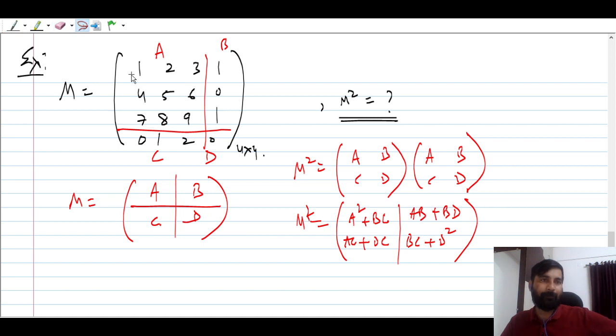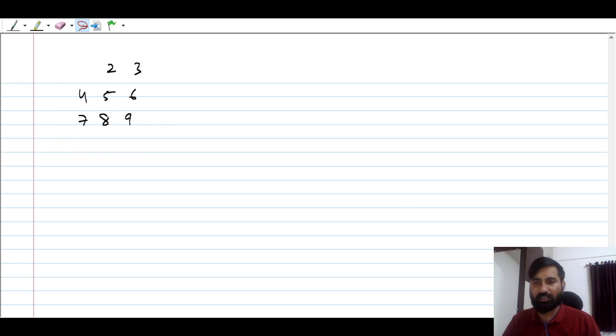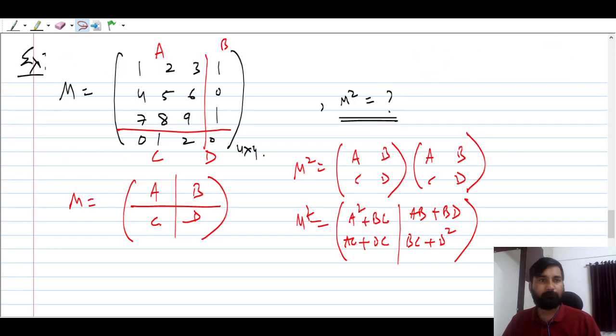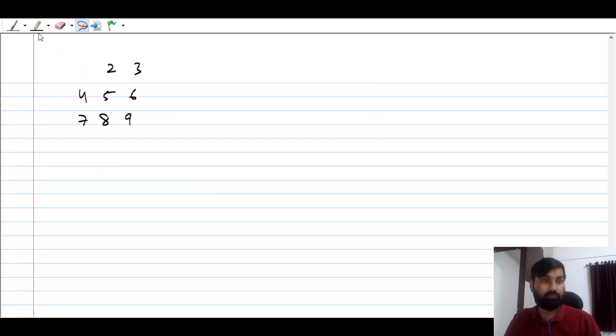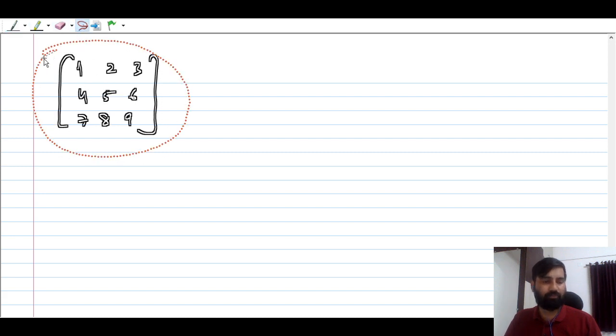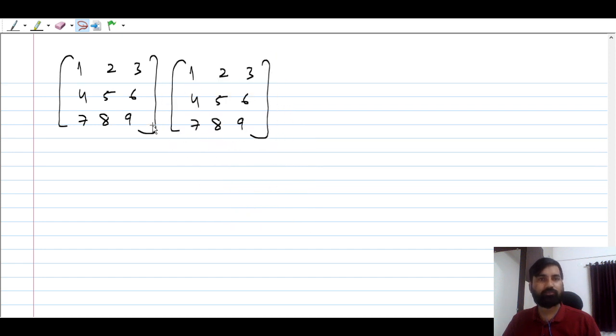Okay? Just I'm going to take this matrix. This is A matrix, and I will find out A square quickly. You can further partition it, but I'm not going to partition. Directly we can do. So this is 1. And I'm going to take the same matrix again and put it here, next to this. You see, A matrix, this is A square.